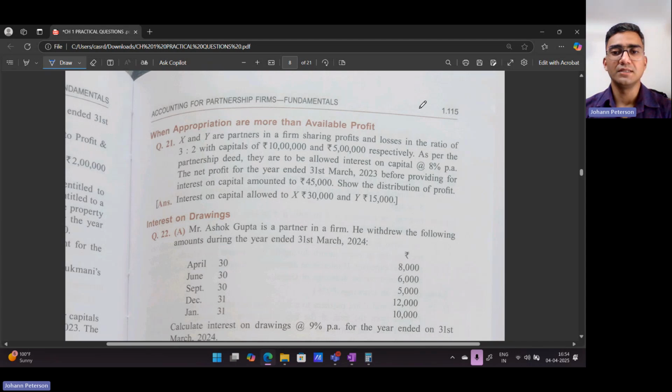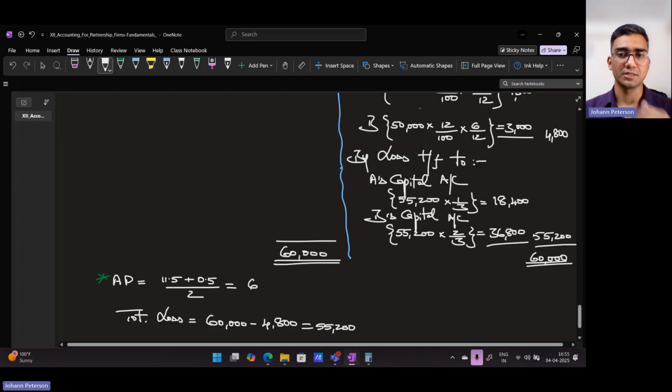As per the partnership deed, they are to be allowed interest on capital at 8% per annum. The net profit for the year ended 31st March before providing for interest on capital amounted to 45,000. Show the distribution of profit. So simply it is saying prepare a P&L appropriation account. So let's prepare a P&L appropriation account.